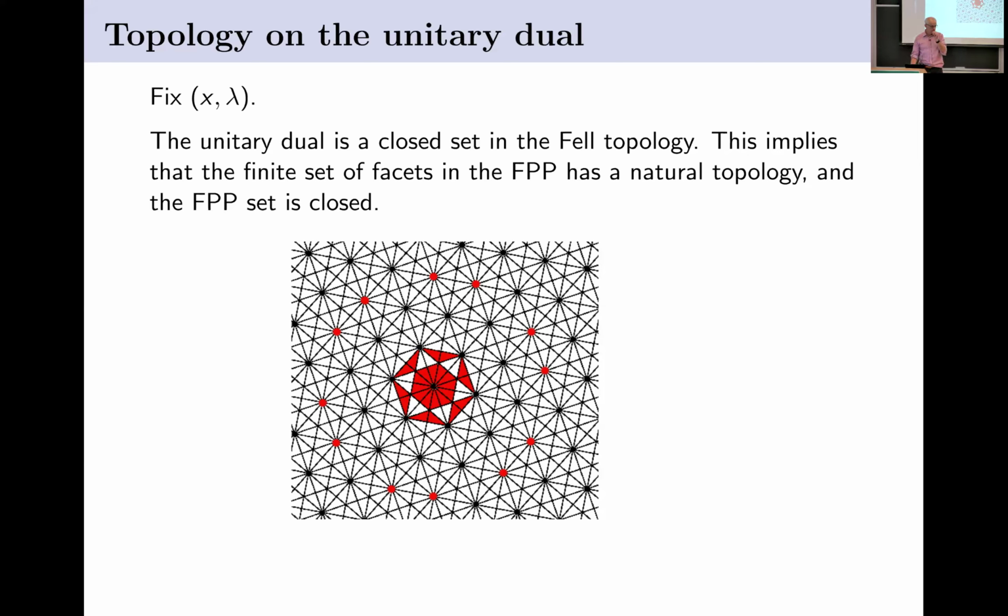There's no problem with defining a Fell topology on the admissible dual in the case of reductive groups. You just want to talk about limits of K-finite matrix coefficients, with the same definition.